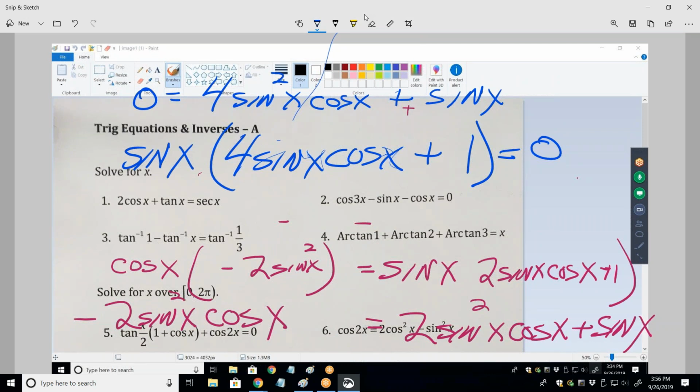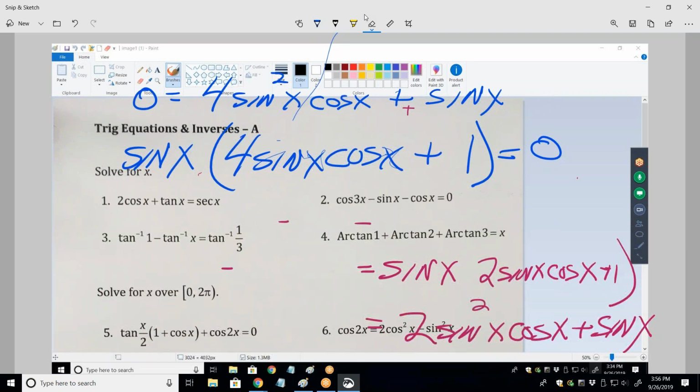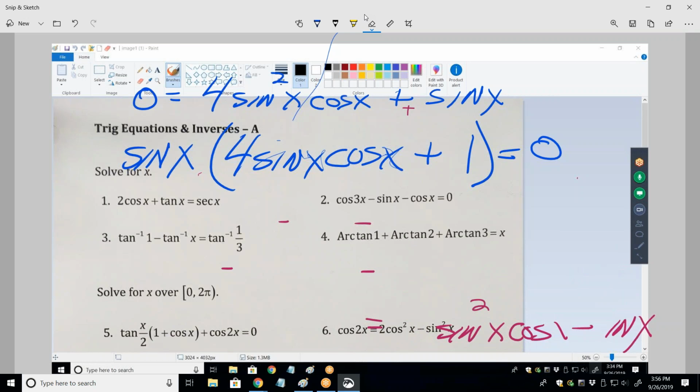Now, is that 2 times the double sine formula? The double sine formula is sine, cosine, same sign, sine, cosine.